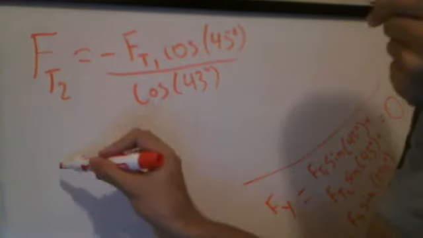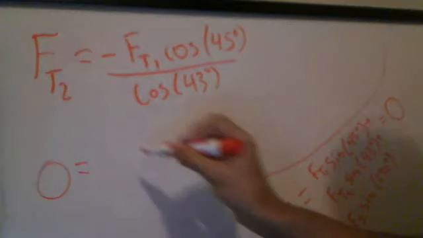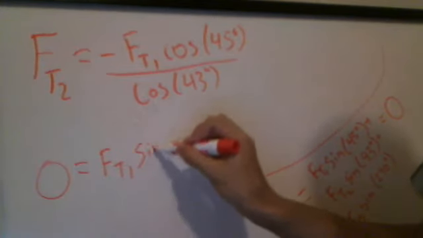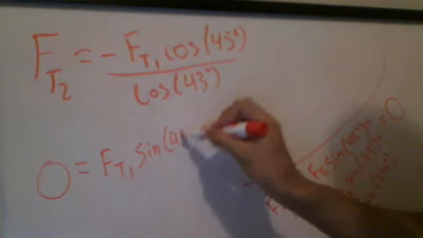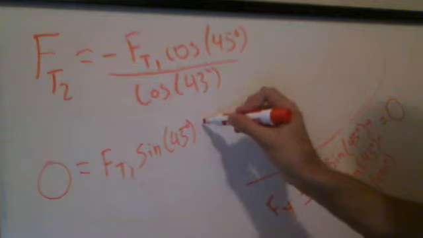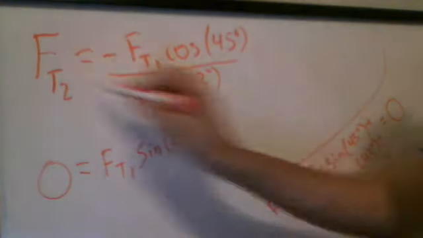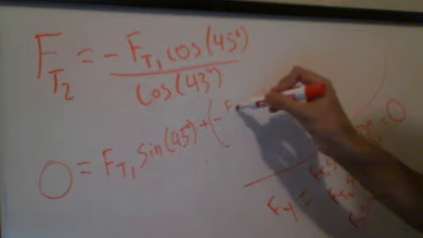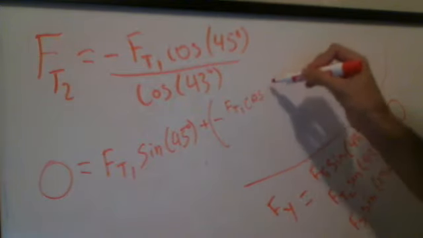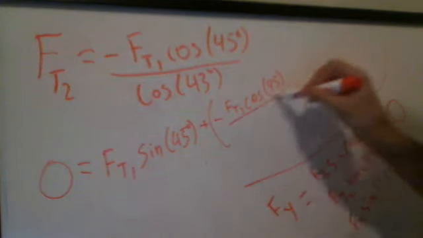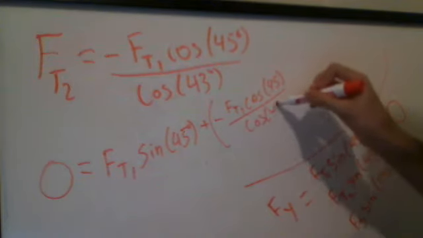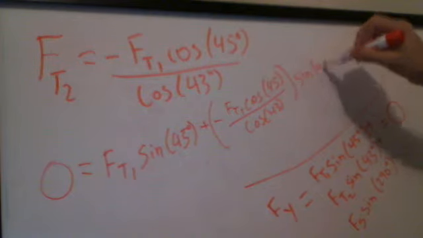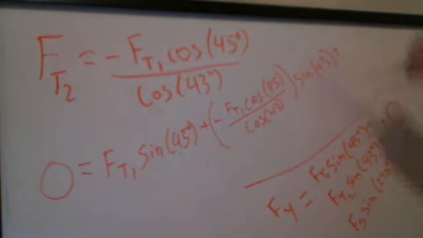So this is still equal to 0, right? This is now the force of tension 1, F tension 1, sine of 45 degrees, plus F2, which can be replaced by negative Ft1 cosine of 45 over cosine 43, still multiplied by sine of 43, plus, and I'm just going to put this over.